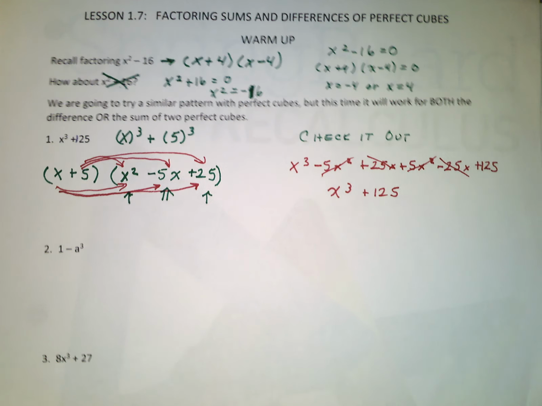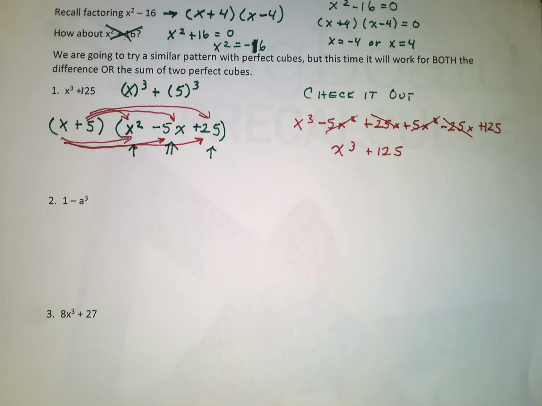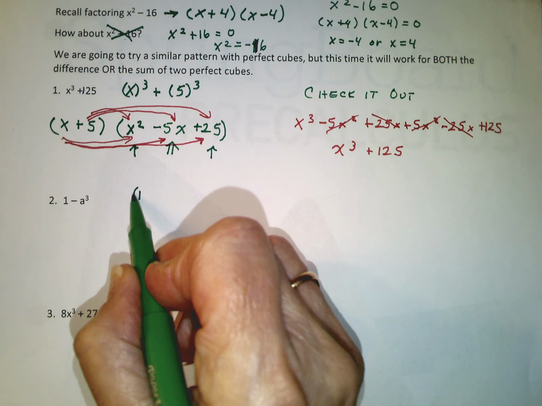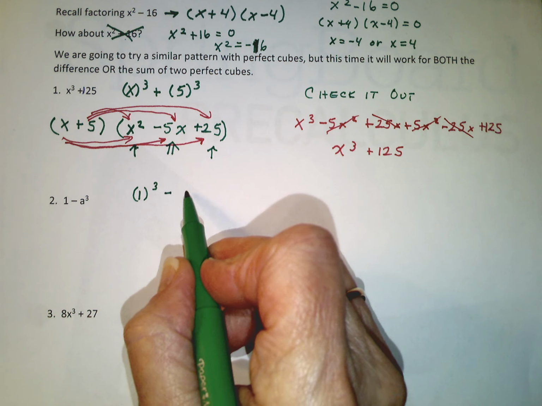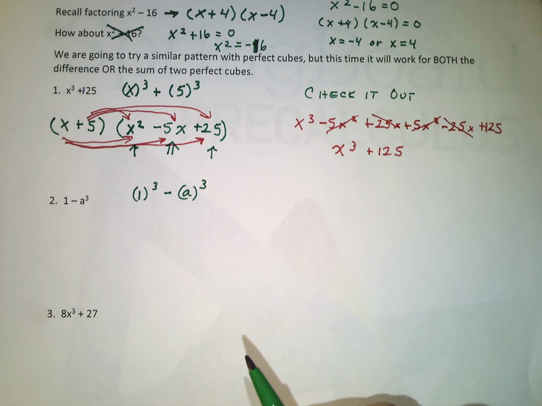So let's try another one. This time we have the difference. This is going to look a little silly, but do we have a perfect cube minus a perfect cube? Yep. We've got 1 cubed minus a cubed. So we can do this.